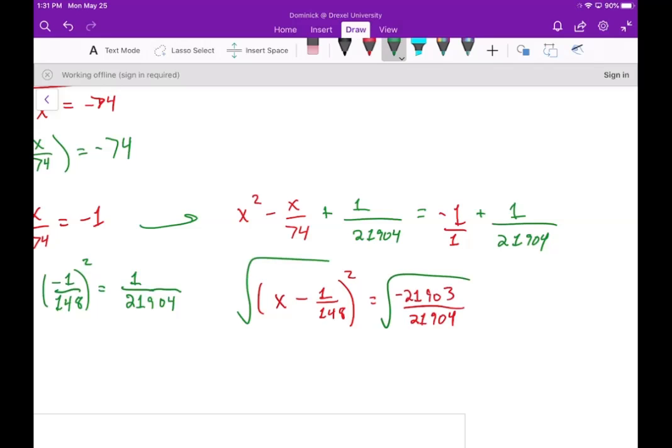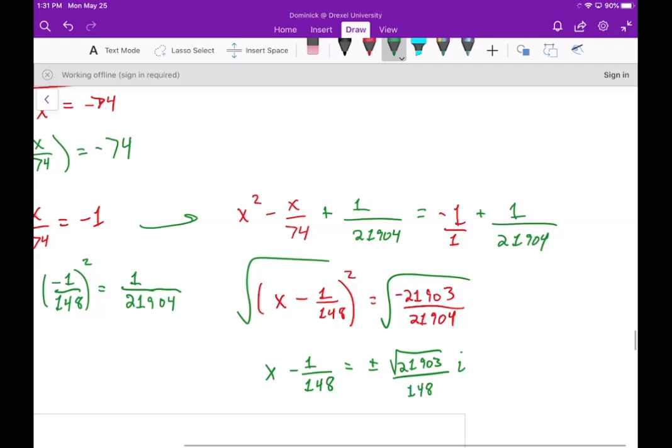And then if we square root both sides, we're going to get that x minus 1 over 148 is equal to plus or minus the square root of 21903. And remember, we said that 148 squared was 21904, so this is now 148 again.